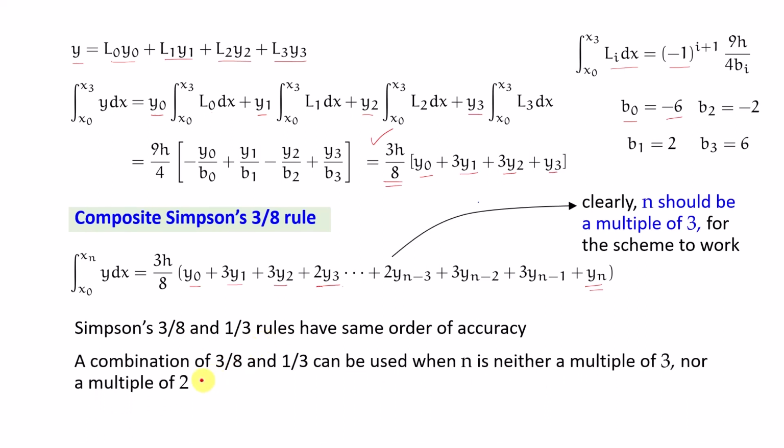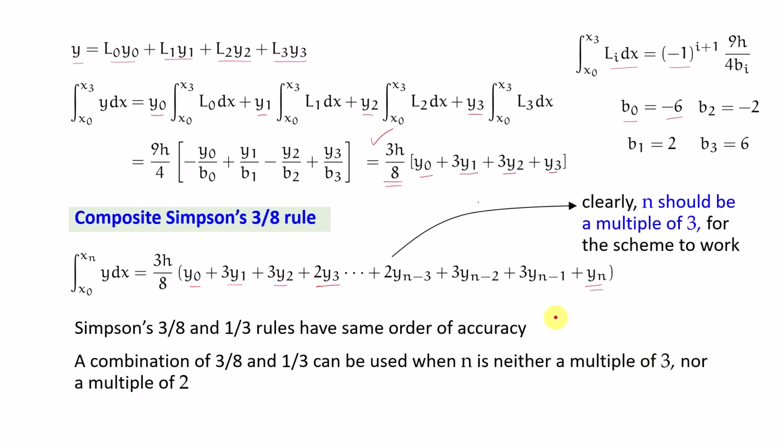So what we do in reality is that if I want to keep the higher order intact, I use a combination of 3/8 and 1/3. When N is either not a multiple of 3 or not a multiple of 2, then we use a combination.